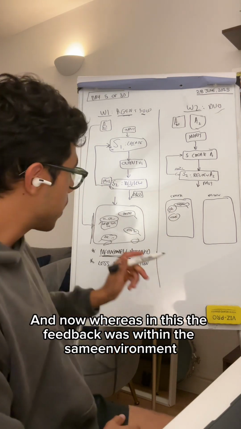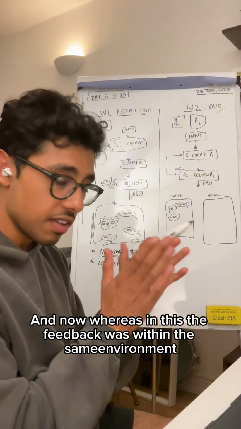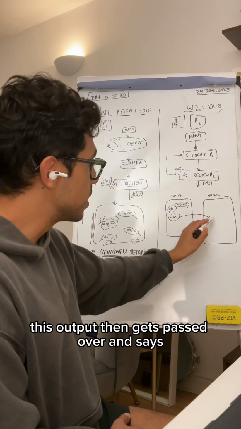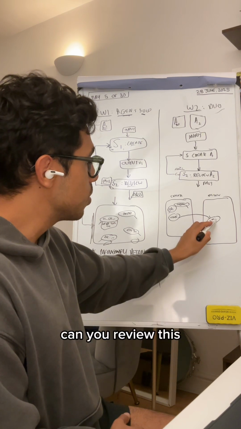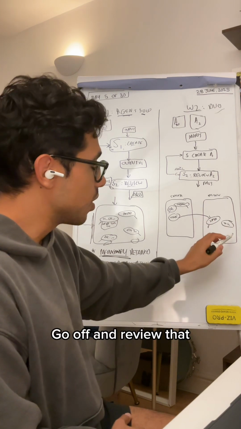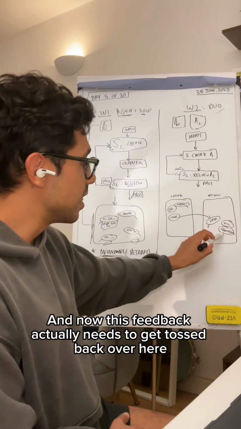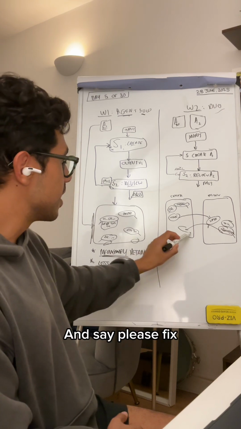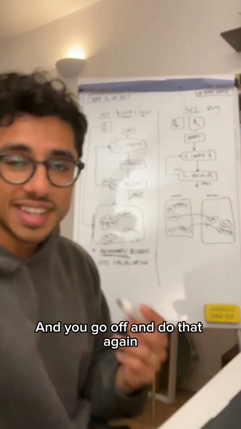And now, whereas in this, the feedback was within the same environment, this output then gets passed over, it's like forwarding an email and saying, hey, can you review this? Go off and review that, and then here's your feedback. And now this feedback actually needs to get tossed back over here and say, please fix. And then you say, okay. And you go off and do that again.